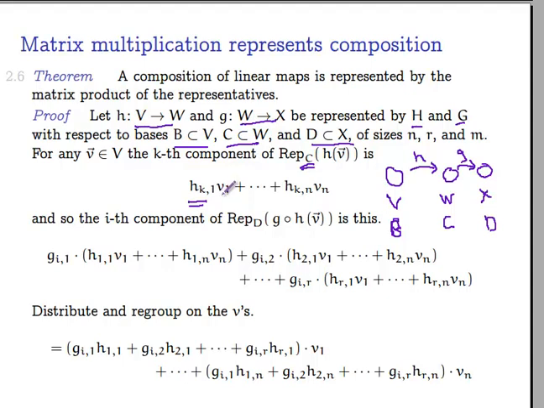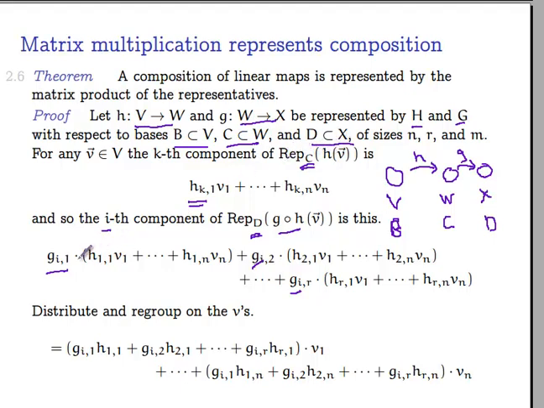So from this we want to get the component of the representation with respect to the D basis of G composed H. So what we're doing is we're taking the ith component that corresponds to the ith row of G. So here's the ith row of G. And what we want to do is multiply Gi1 times the first component of this representation.